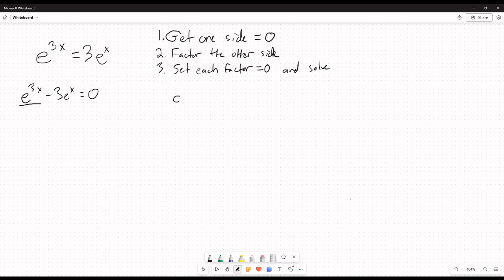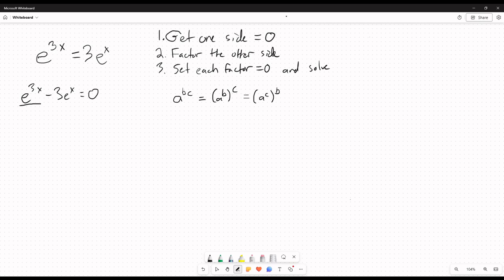If you have a to the power of bc, that's the same as saying a to the b to the power of c, or just as easily a to the c to the power of b.